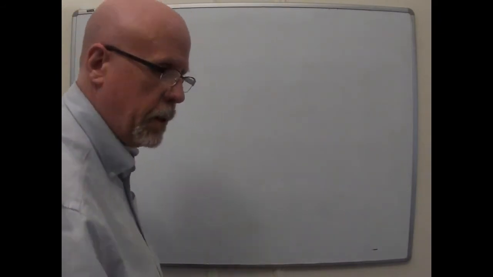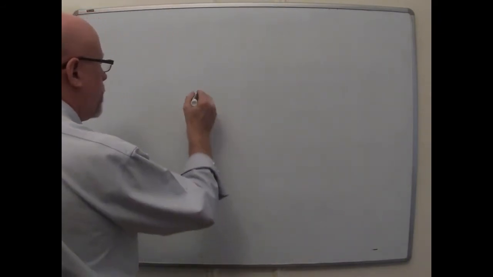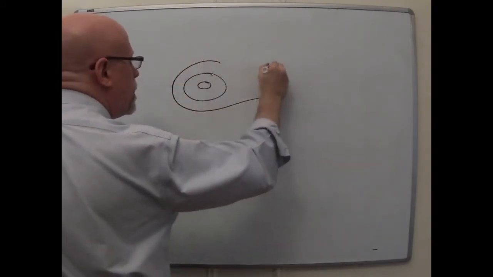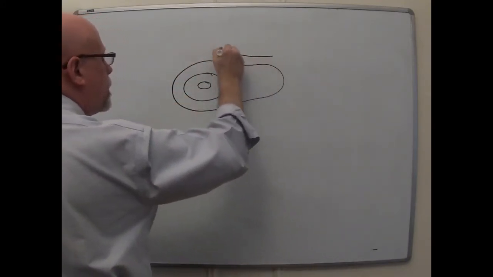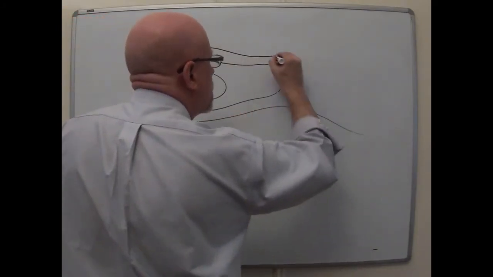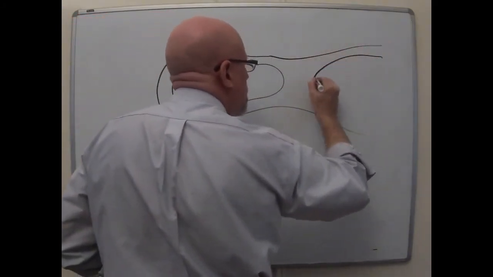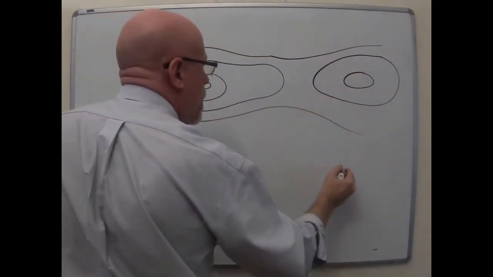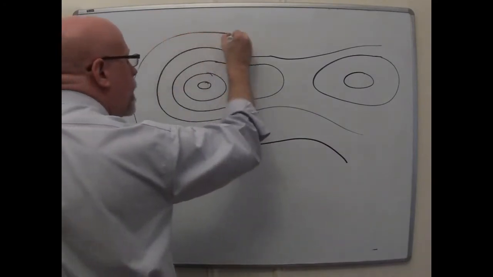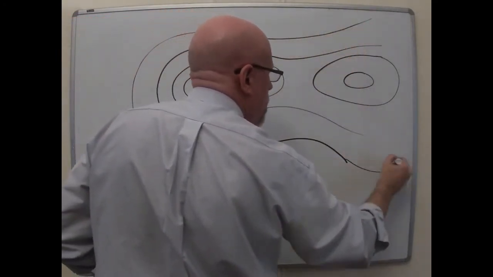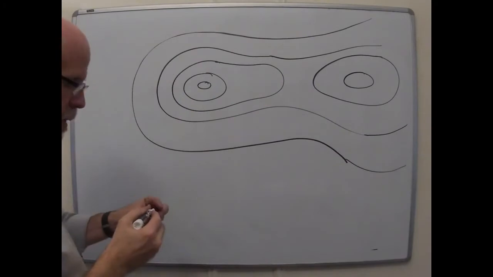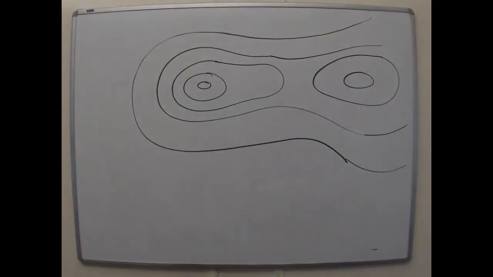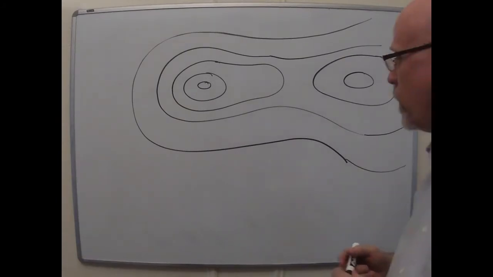Well, let me sketch for you just sort of an arbitrary function by drawing some contour lines for it. Who knows? I guess that's enough of it. So that's sort of a representation of a function, drawing the various contour levels for it.